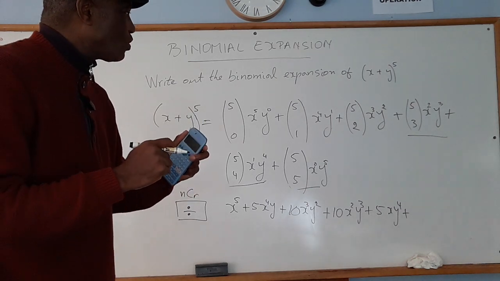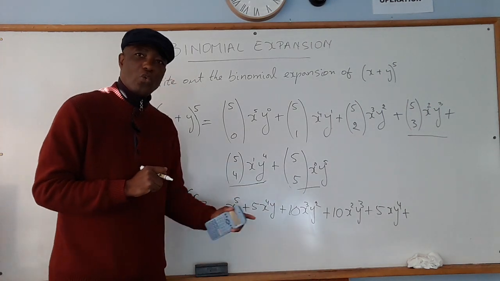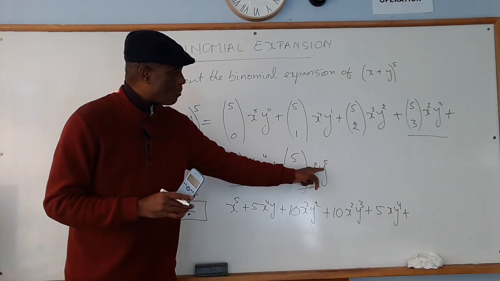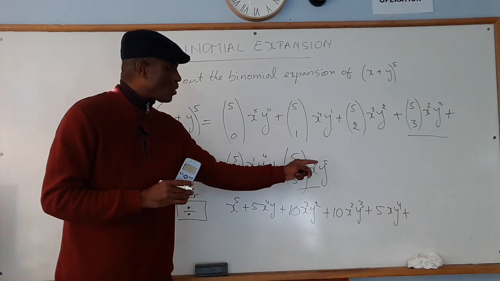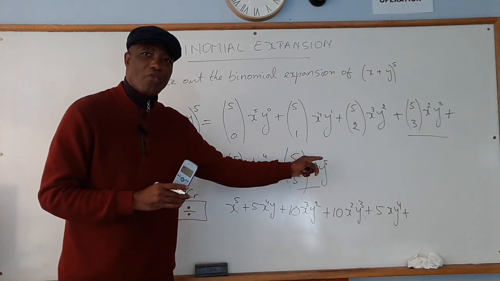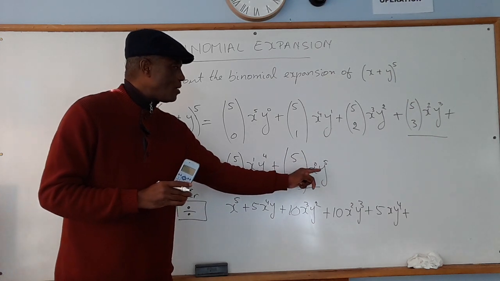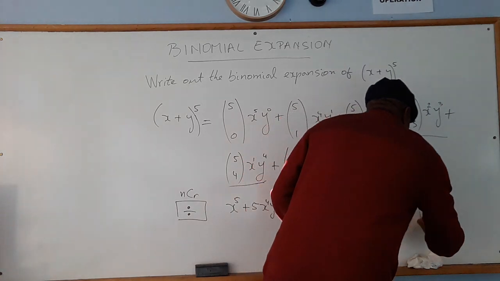That means x to the power of 0 will give me 1. So 1 multiplied by 1 multiplied by y to the power of 5 will give me y to the power of 5.